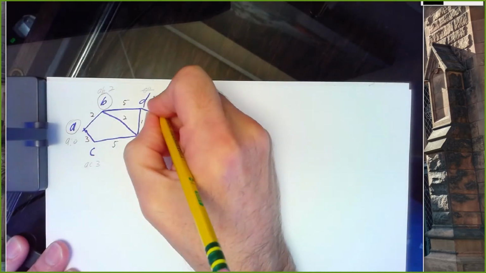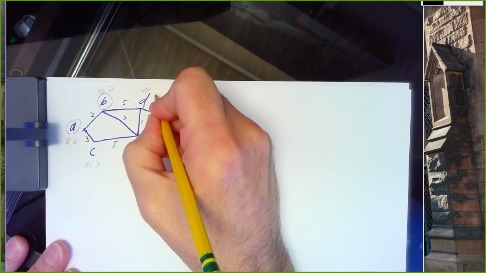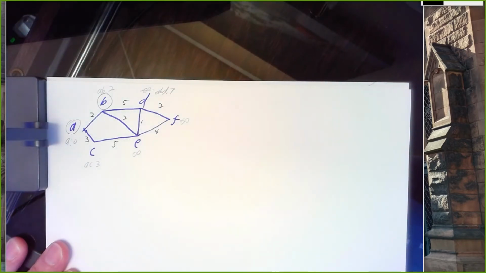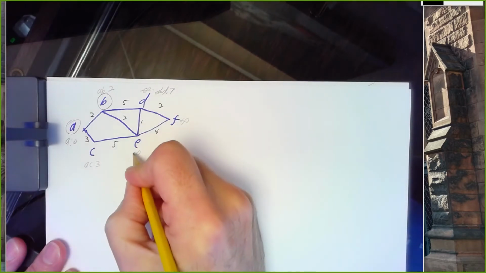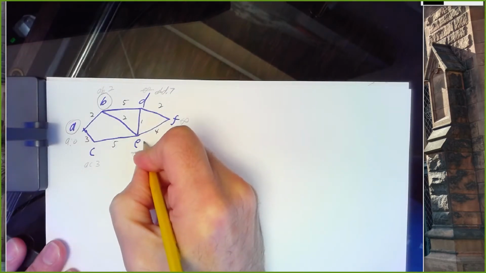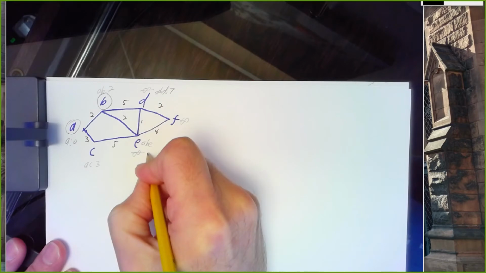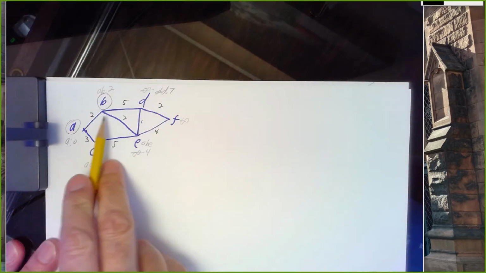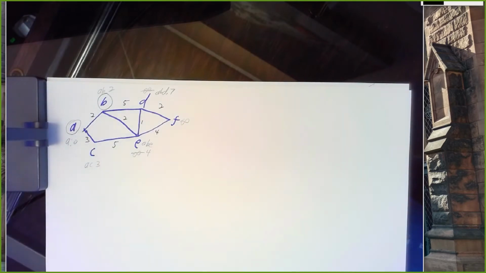So this will be 7 by following A, B, D. 2 plus 2 is 4, so that's a good distance. This is A, B, E for a distance of 4. And that's it for nodes that are adjacent to B.